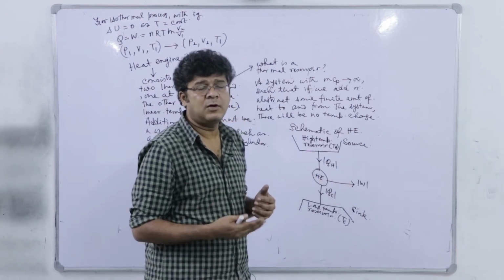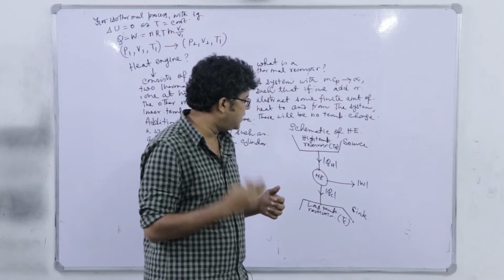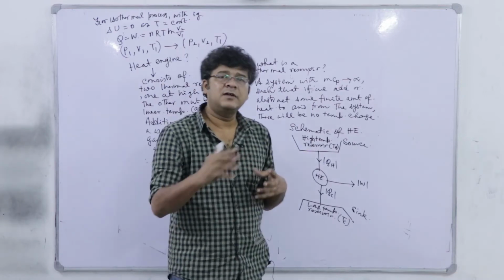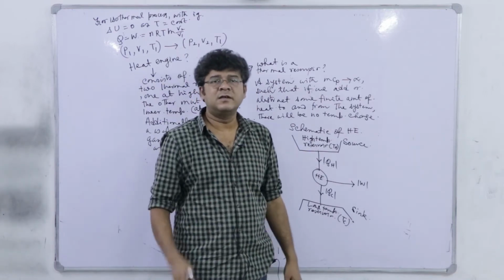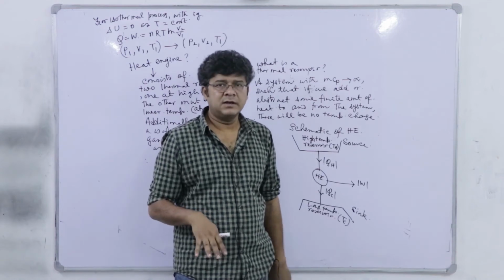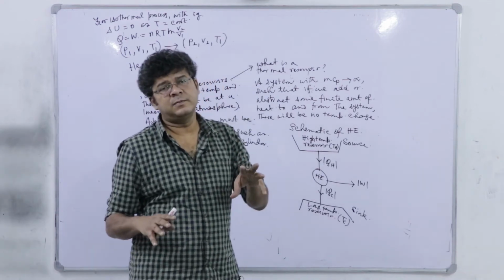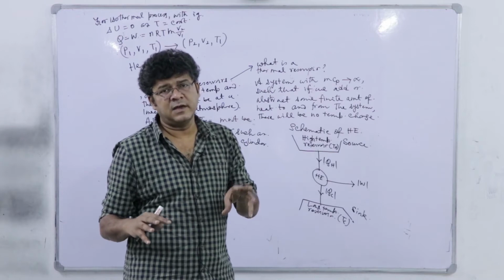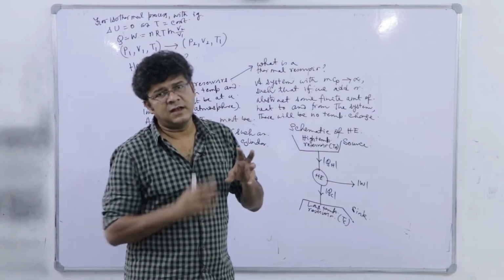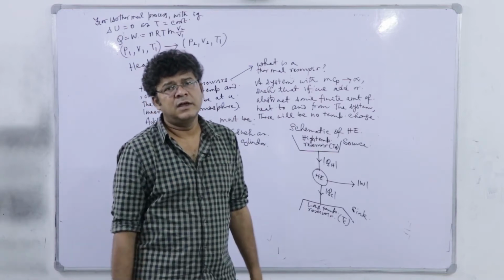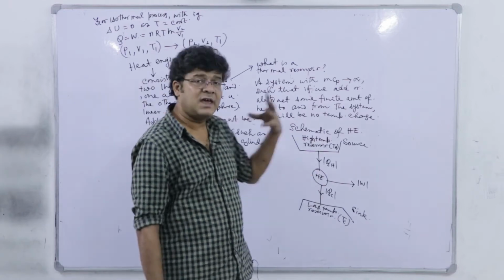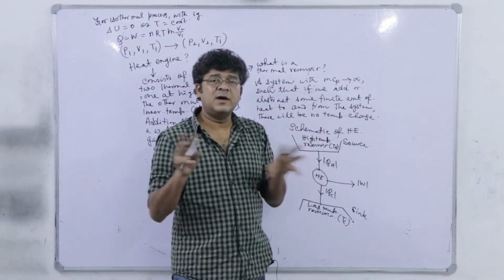Why am I talking about the net work? Because when I try to regain the original state of the system, I must do some work. The work which is produced in the work producing step, and the same working material consumes some work in the work absorbing step in order to regain its original state. So, there must be a difference.